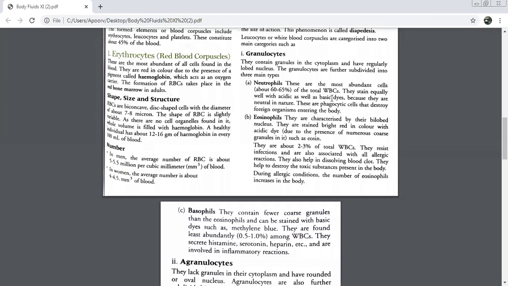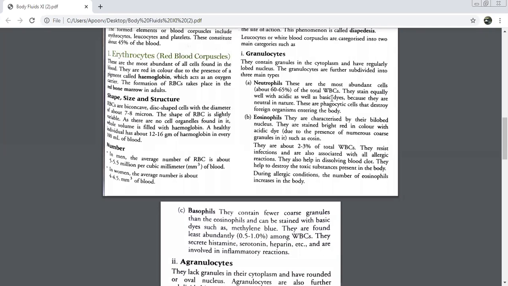We can use any. Why can we use any? There is no limited choice, because they are neutral. So you can use an acidic dye like eosin, or a basic dye like methylene blue. Very good. So we have done the first category, that is neutrophils.